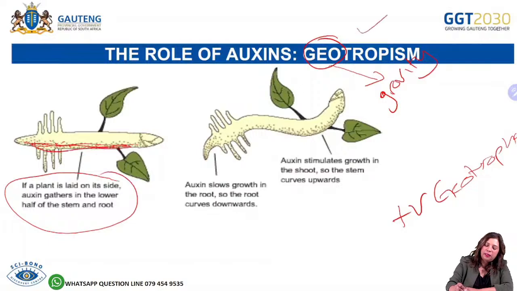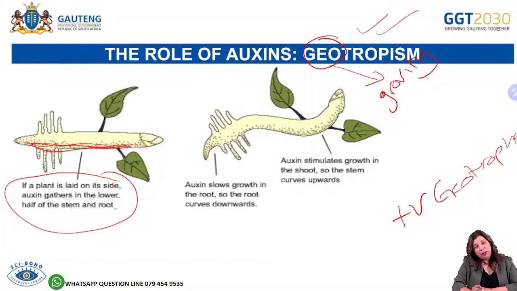Remember, we are studying geotropism. Do they mention anything about light here? They don't mention anything about light, so you should not be talking about light. Here we talk about gravity and we talk about growth. So very quickly, if a plant is laid on its side, oxygen gathers in the lower half of the stem and the root.